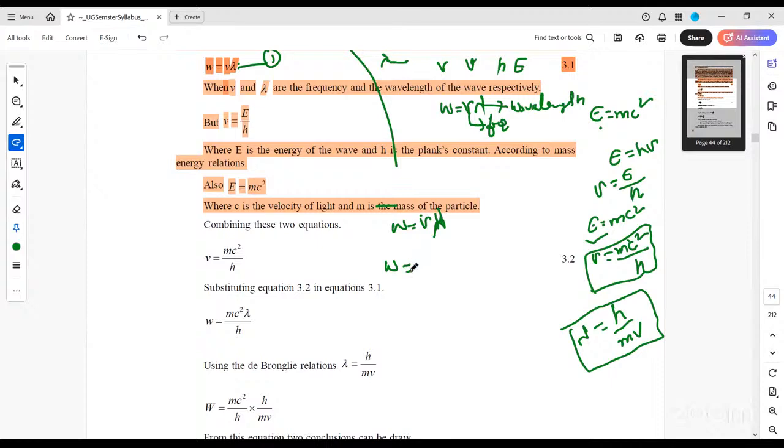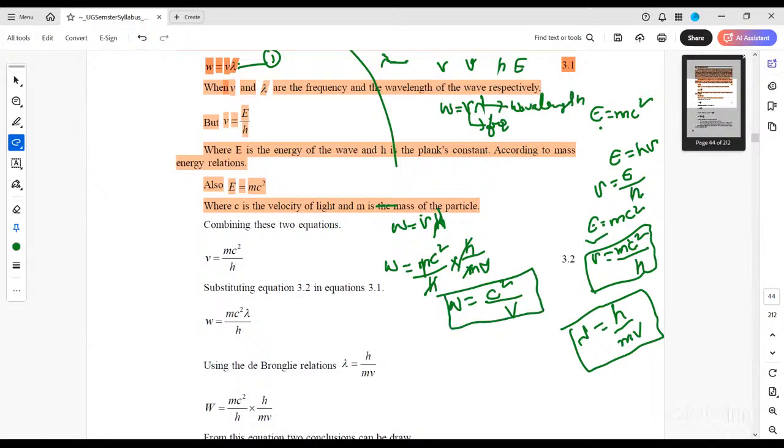Then we can write W equal to nu lambda. What is nu? mc square by h into h by mv. h will cancel, m will cancel. So for phase velocity I am getting W equal to c square by v.